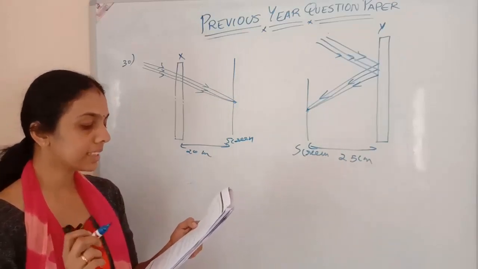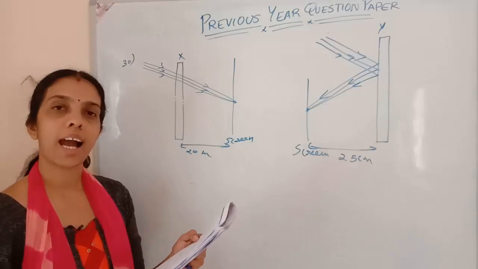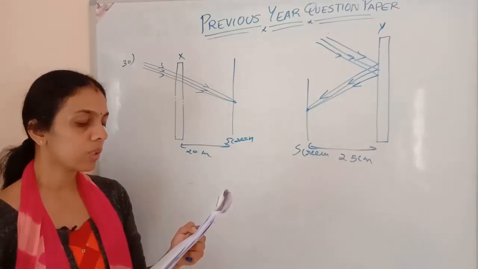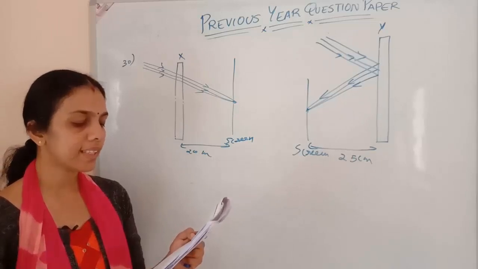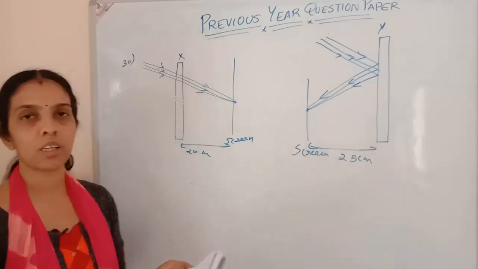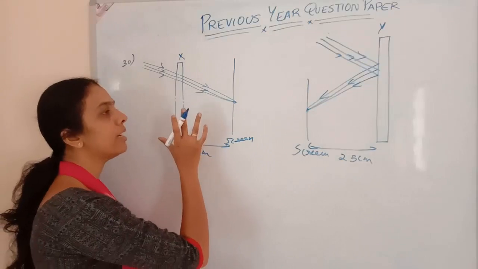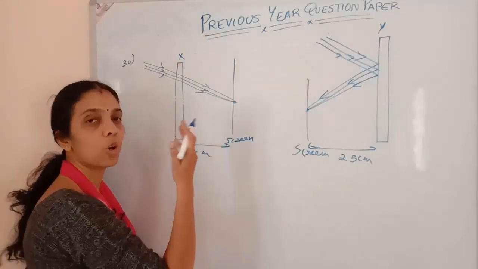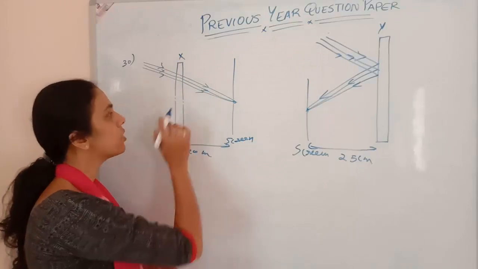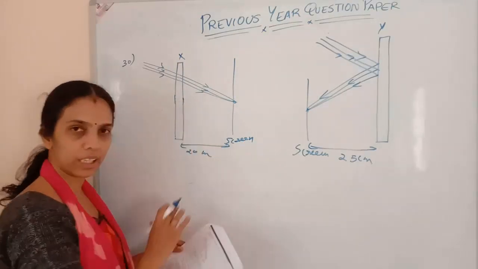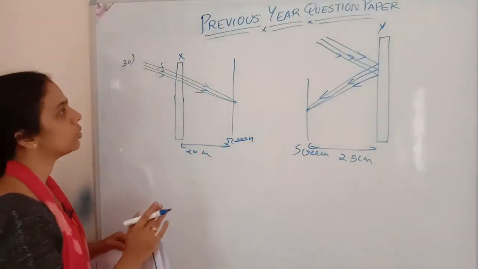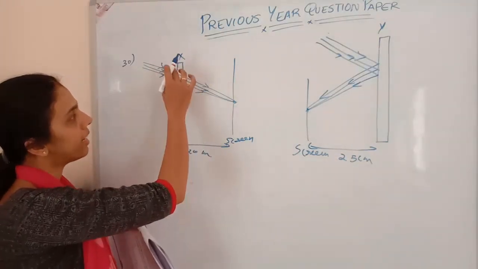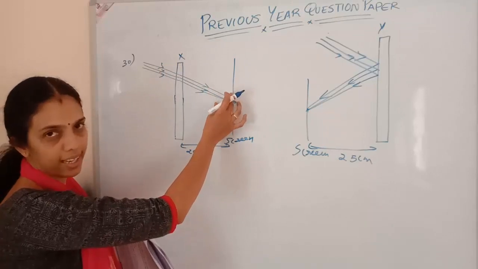Option A: device X is a concave mirror and device Y is a convex lens whose focal lengths are 20 centimeter and 25 centimeter. First we should identify which is the lens or mirror for X and Y. For X, the rays are coming from the other side, isn't it?